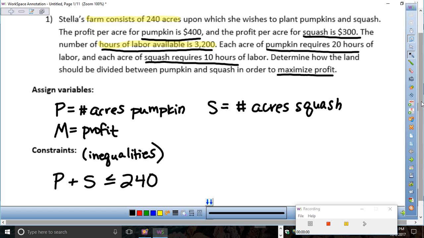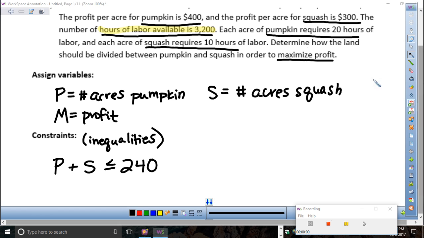And then the number of hours of labor. So that's going to use the information that each acre of pumpkin requires 20 hours of labor. So let's do 20 hours of labor times the number of acres of pumpkin. Plus, if you look at squash, that's 10 hours of labor per each acre of squash.